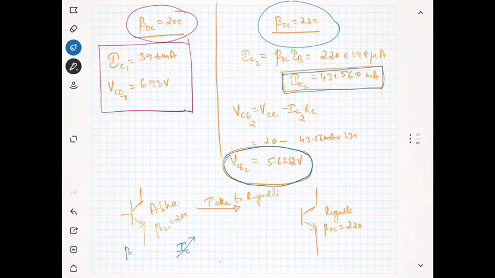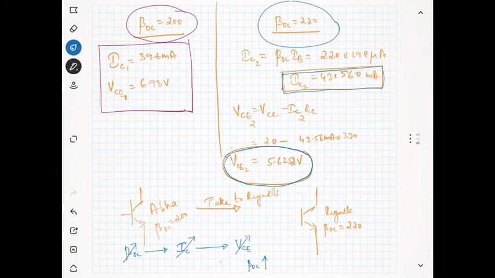Whenever beta DC changes, it will cause IC to change. Since IC is changing, it will lead to a change in VCE. So whenever beta DC increases, what is happening to IC? You can see IC also increases. Then what is happening to VCE? VCE is decreasing. Am I correct? Yes. So this is what is happening.